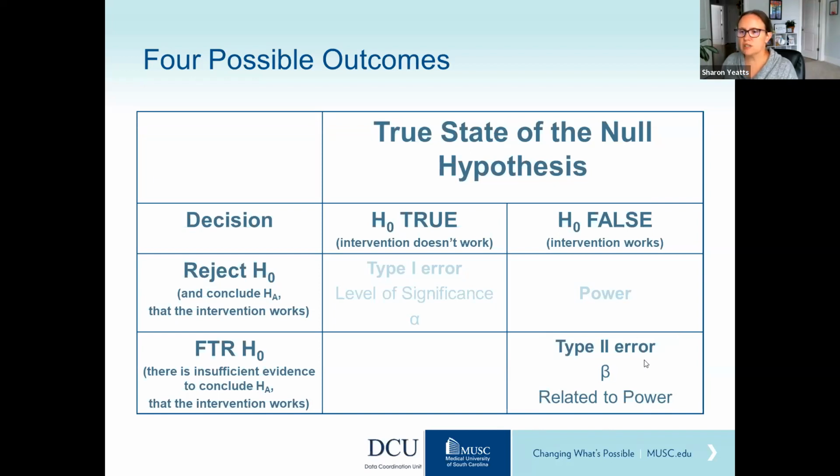We don't typically think about setting the type 2 error, but we control the likelihood that we make a type 2 error by setting a target power for our trial or our study. So the power is defined by the probability that we reject the null and conclude that the intervention works when in fact it does. Okay, so we specify the type 1 error to control this mistake, and we set the power to control this mistake.